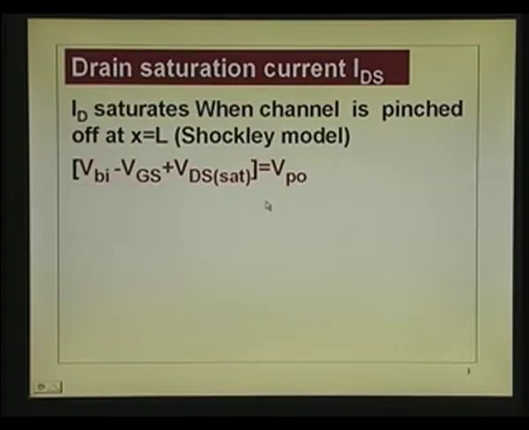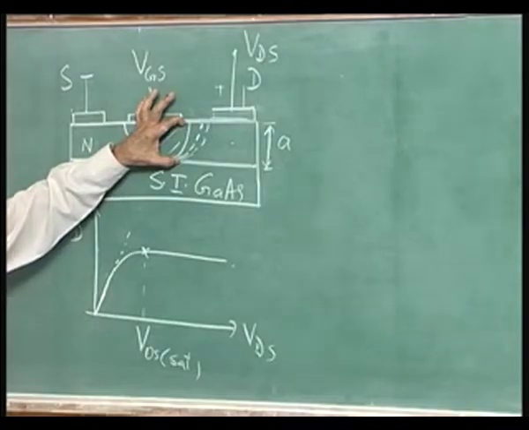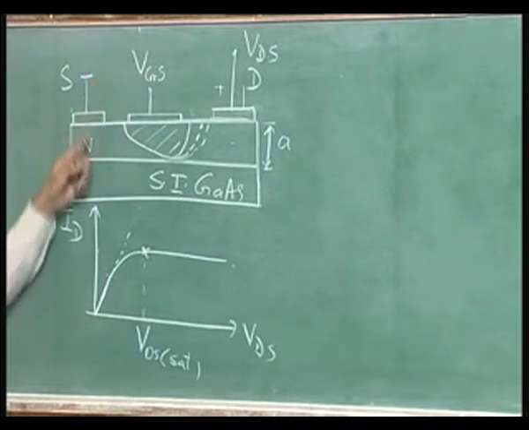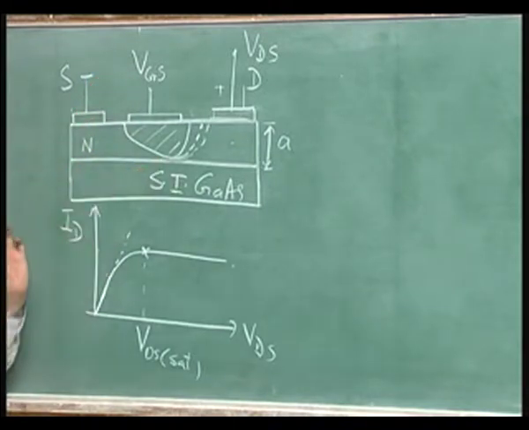So, we have also said, just quickly going through in a couple of minutes, the saturation voltage, drain to source voltage plus the voltage across the depletion layer, VBI minus VGS, that is Vp0. That voltage Vp0 is equal to whatever voltage is present here, which is VBI minus VGS plus that drop, that is Vd sat.